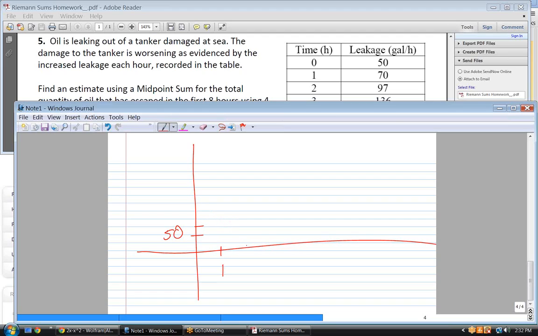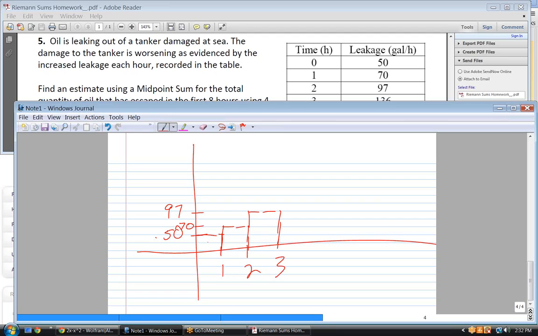At 2, we're at 97. So even though we don't have a continuous smooth curve, we can still figure out the approximation using the rectangles, right? And they want to use mid.